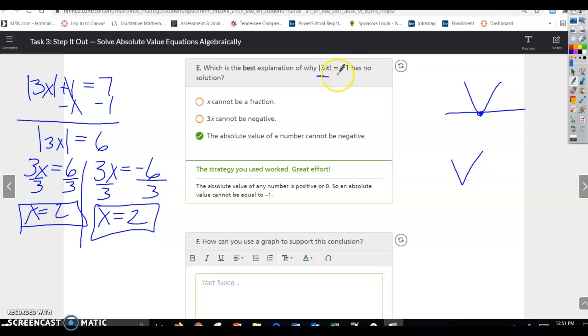And if it equals a negative number, remember this would be like x equals negative 1. It's a bad sketch here, but if we have the absolute value graph and then x equals negative 1, there's no intersection point, even though that looks much further down than negative 1. The intersection of the graphs is the solution, and there's not going to be an intersection, so you're not going to have a negative solution here.